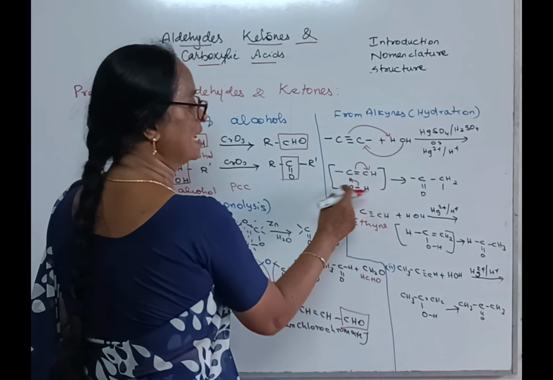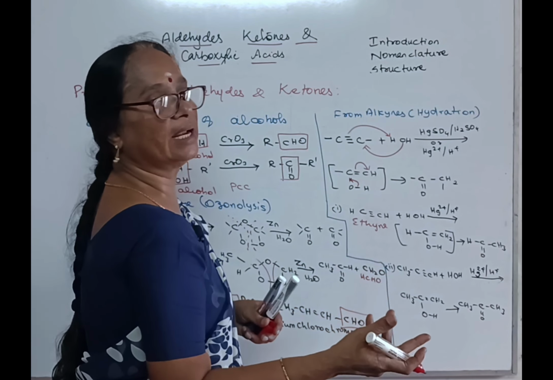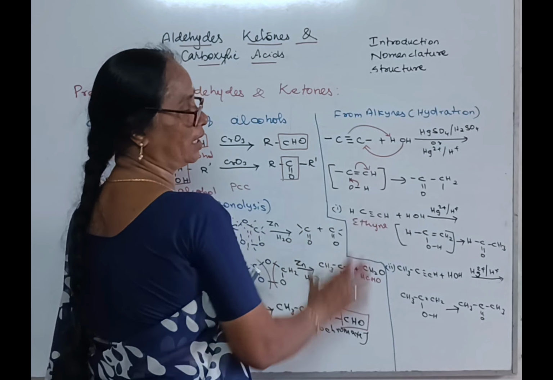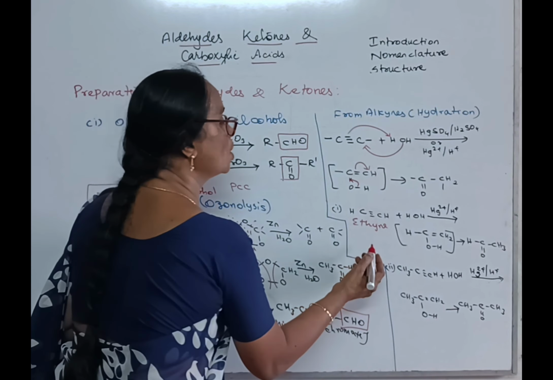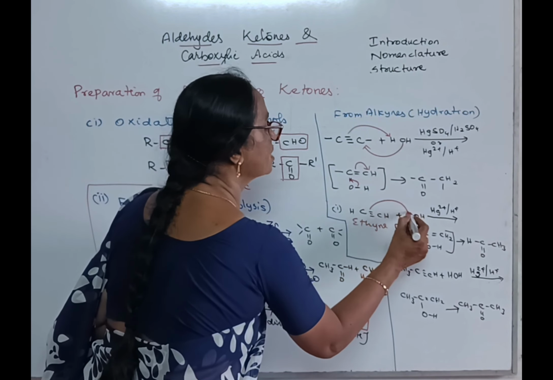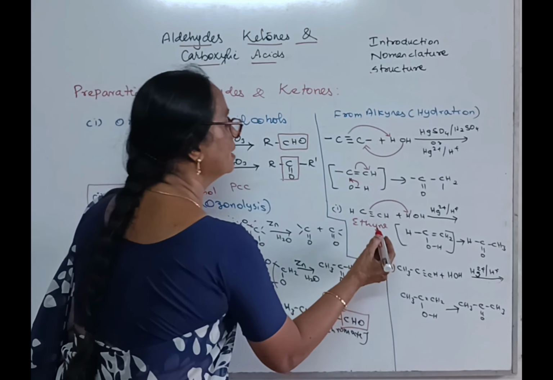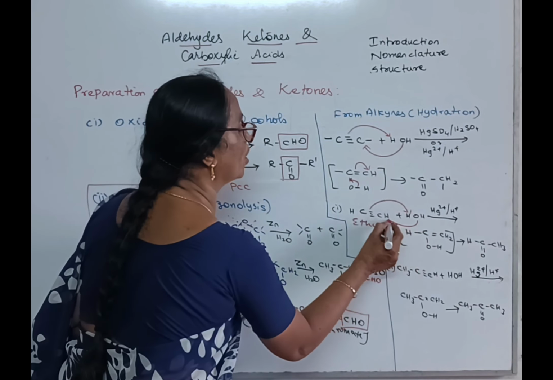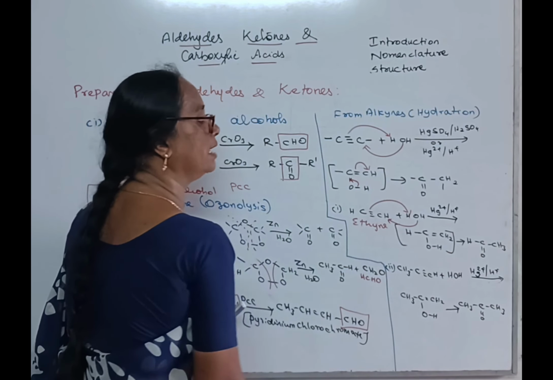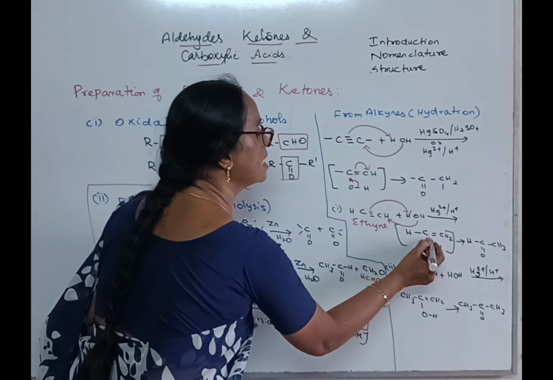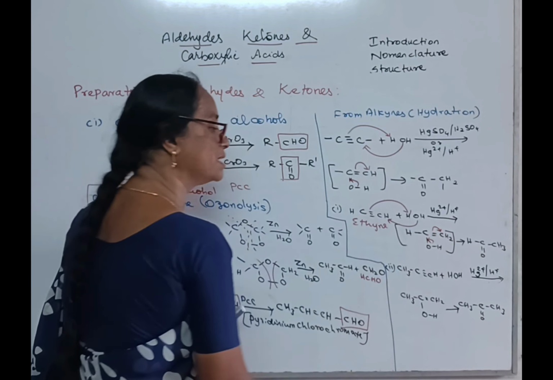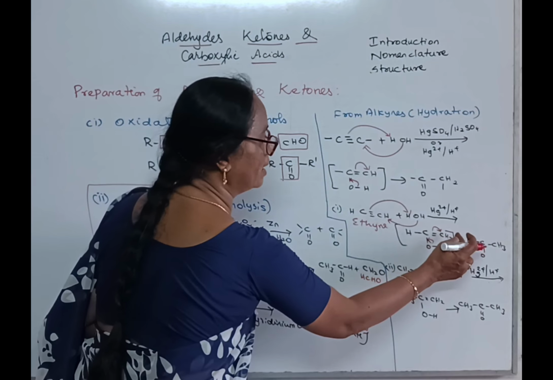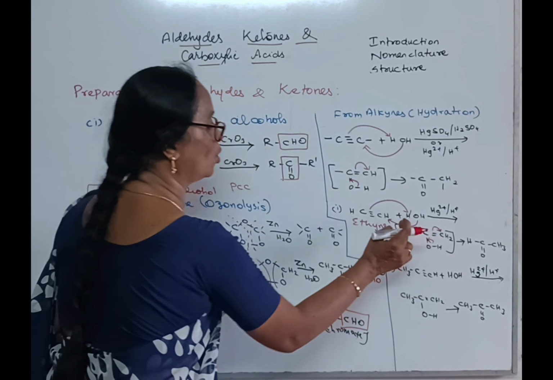I have altered the position, but that doesn't make any difference because it is symmetric. So in this case also, this goes with carbon and the other one goes with the OH group. So I am getting this enol. From this, the hydrogen atom of OH migrates towards the CH2 group. So we are getting CH3-C double bond O-H.